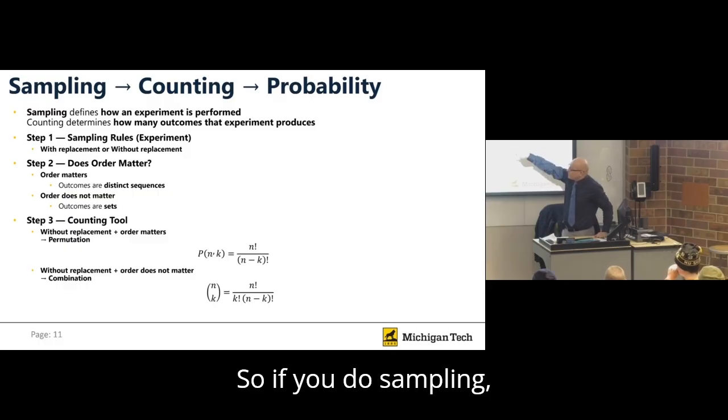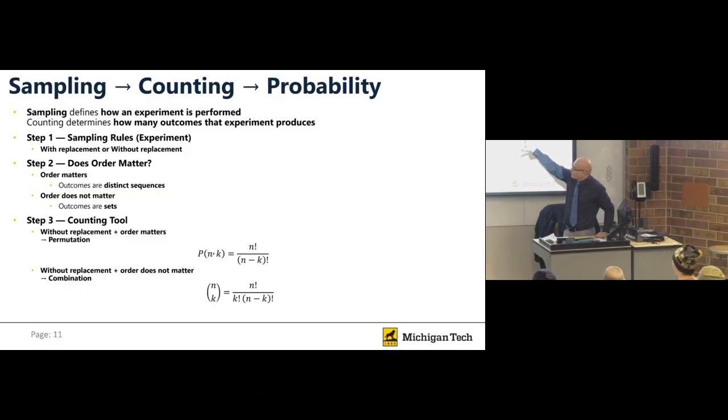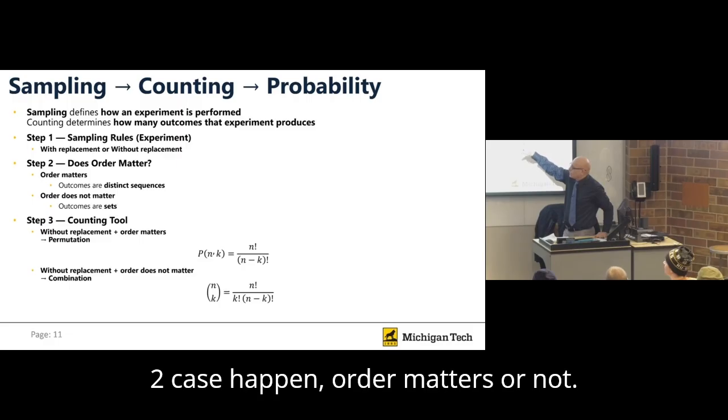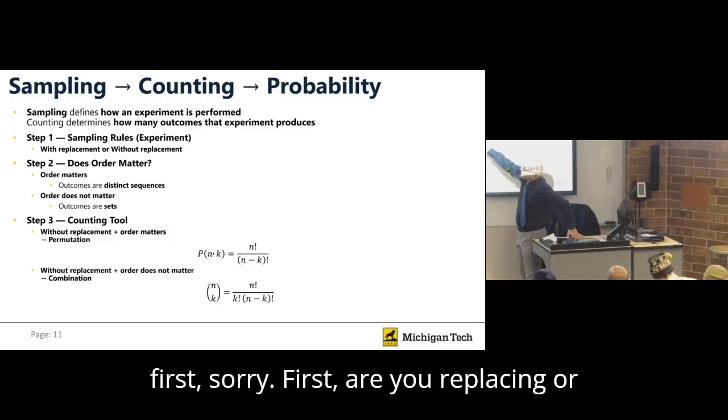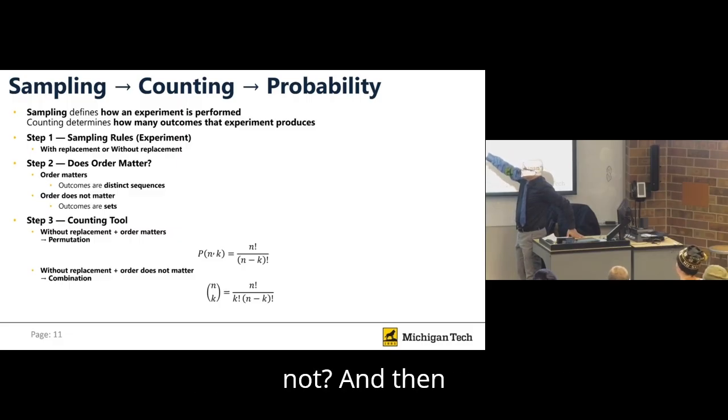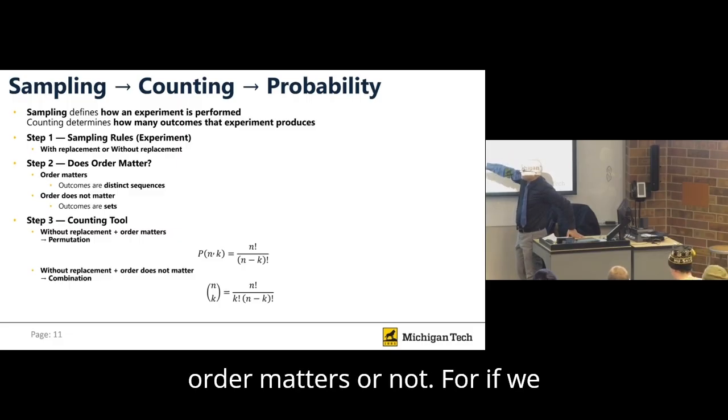This is just a summary of what I mentioned. If you do sampling, two cases happen. First, are you replacing or not? And then, does order matter or not?